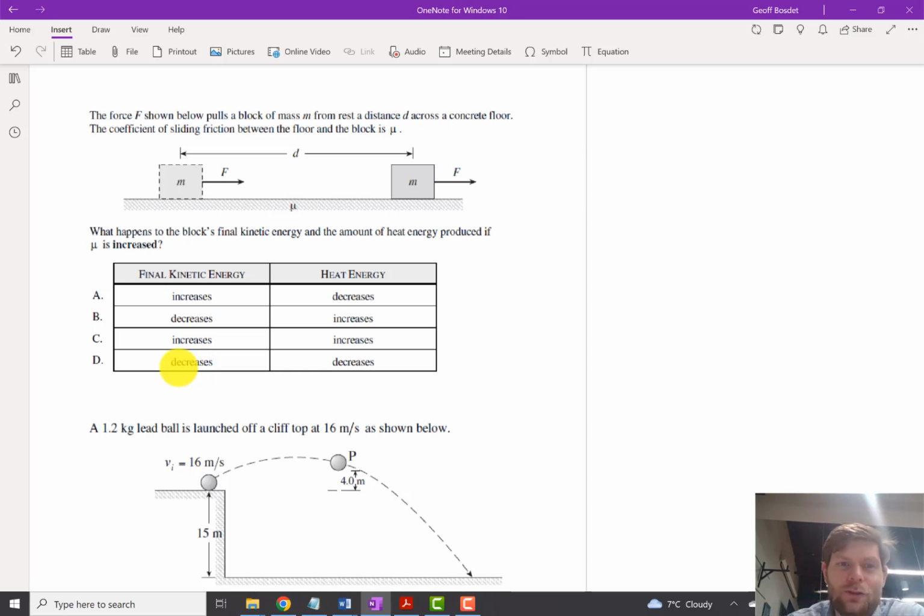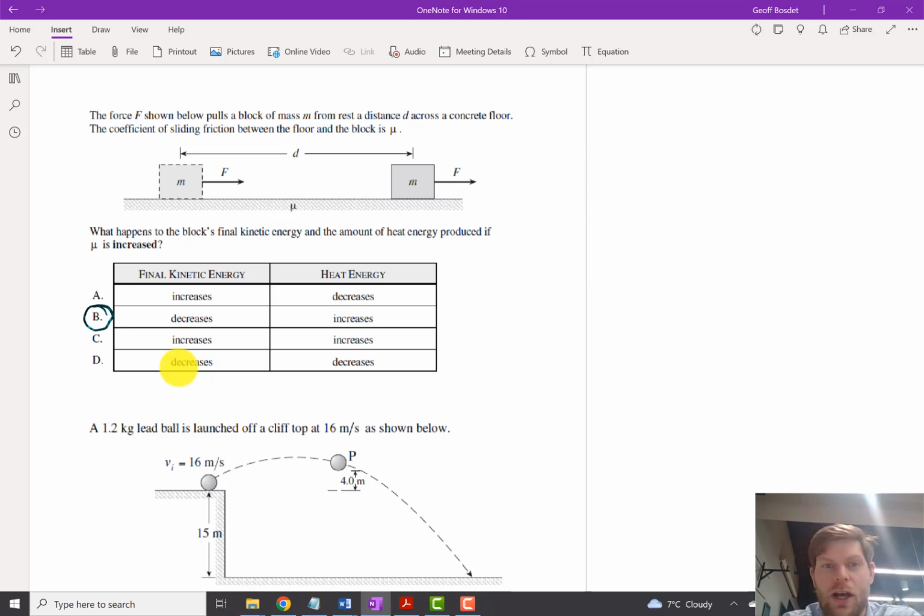Friction creates heat. If you've got a bigger friction coefficient, you're going to have more friction and more heat. And friction is pretty good at slowing things down more. So I think it's relatively obvious that the answer is B.